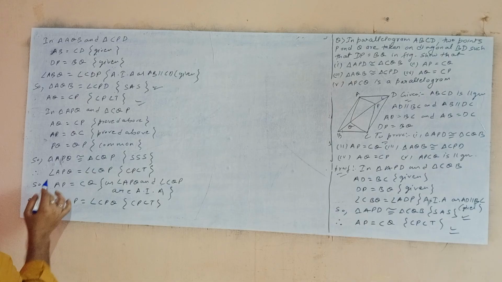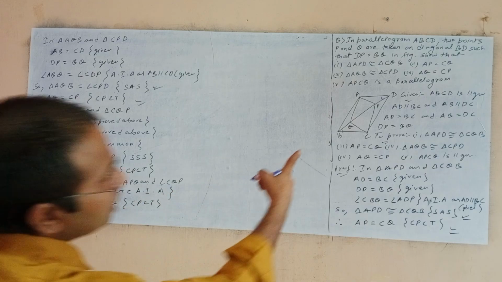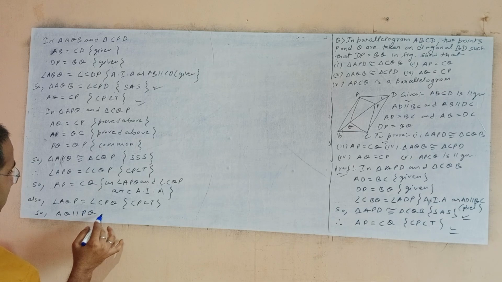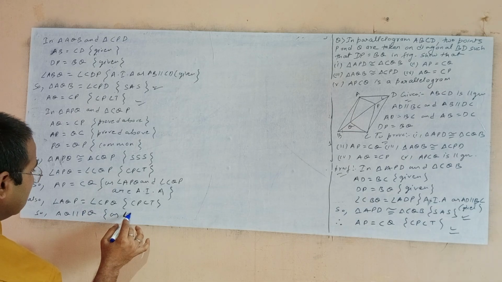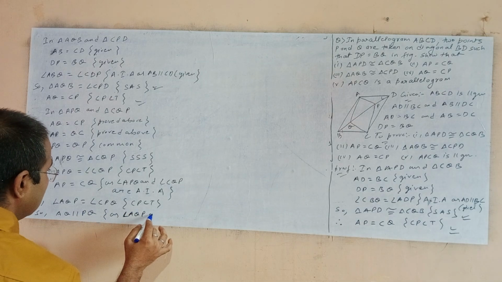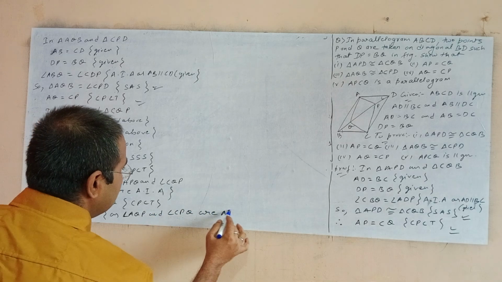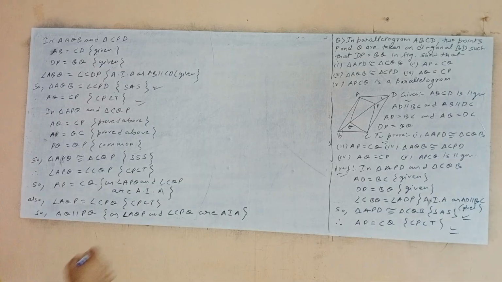So AQ is parallel to PC, as angle AQP and angle CPQ are alternate interior angles.